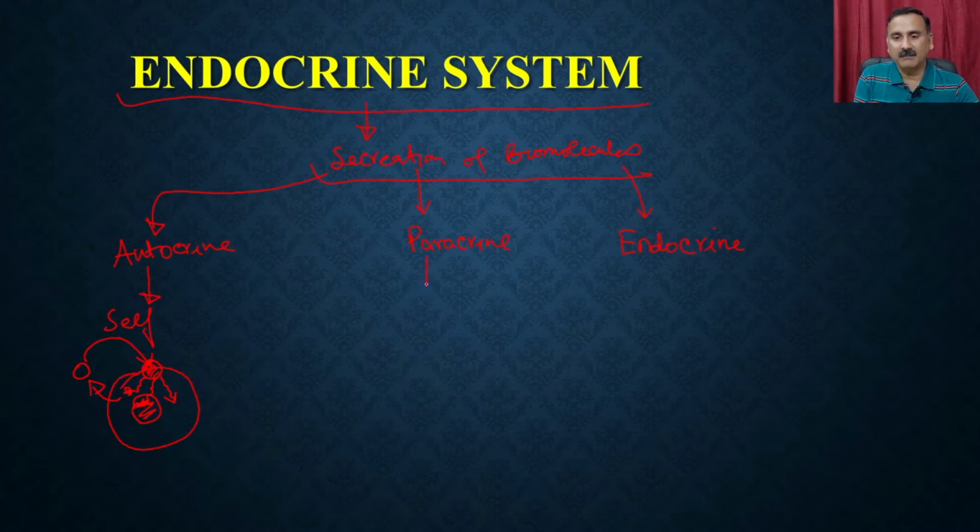Now, let us talk about paracrine signaling. Paracrine signaling means you are going to talk to your neighbors, which means when autocrine signaling is not sufficient, you also require support from the neighbors.